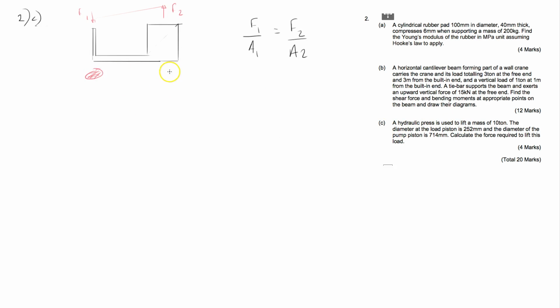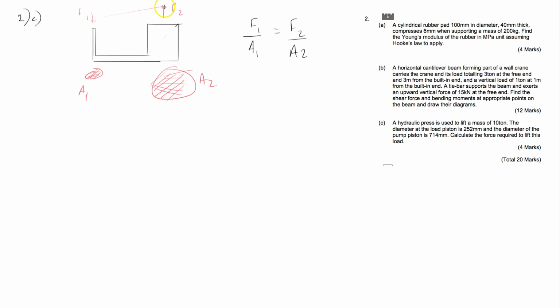In fact, it says diameter, so yeah. We'll have an area here, so we've got area 1 and area 2. So let's just first calculate area 1 and area 2.